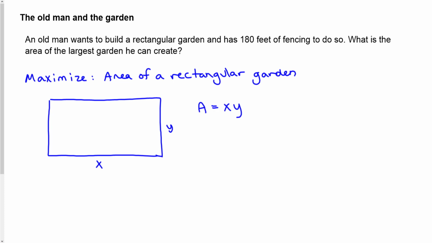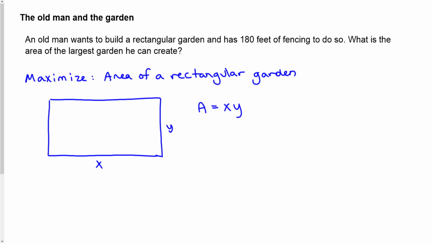Now, if we were just maximizing the area of a garden, he could pick any dimensions he wanted. He could make 50 miles on one side and 1,000 miles on the other, but there's a constraint. He can't make a garden that large because he only has 180 feet of fencing to build this garden.